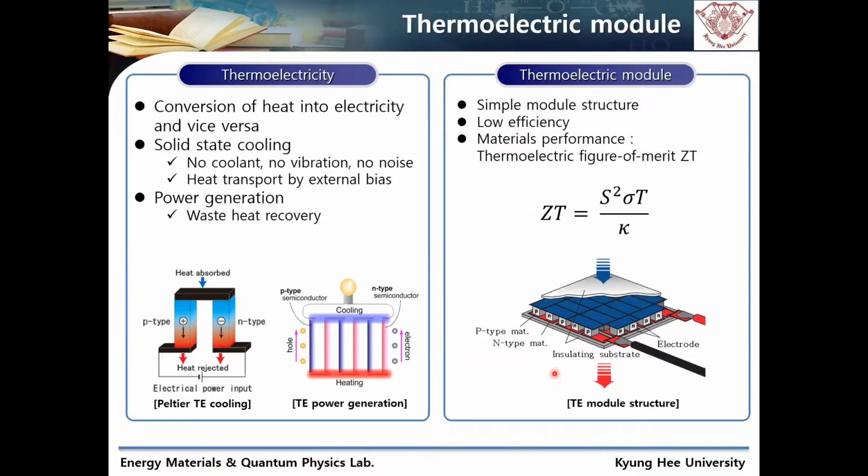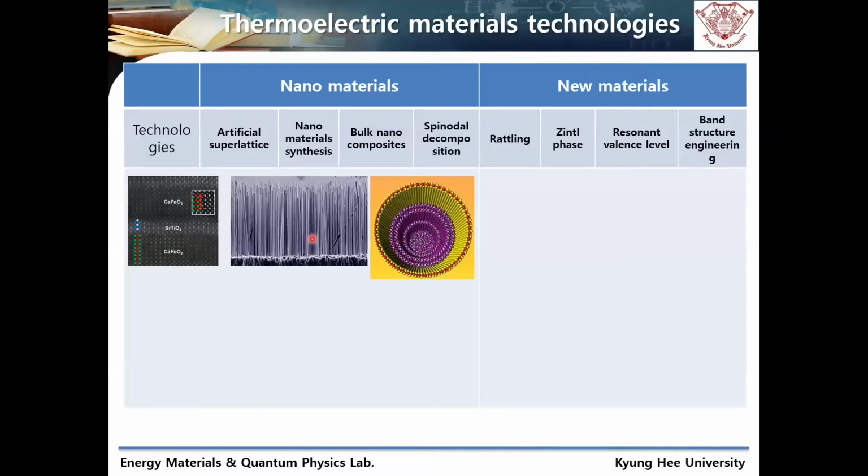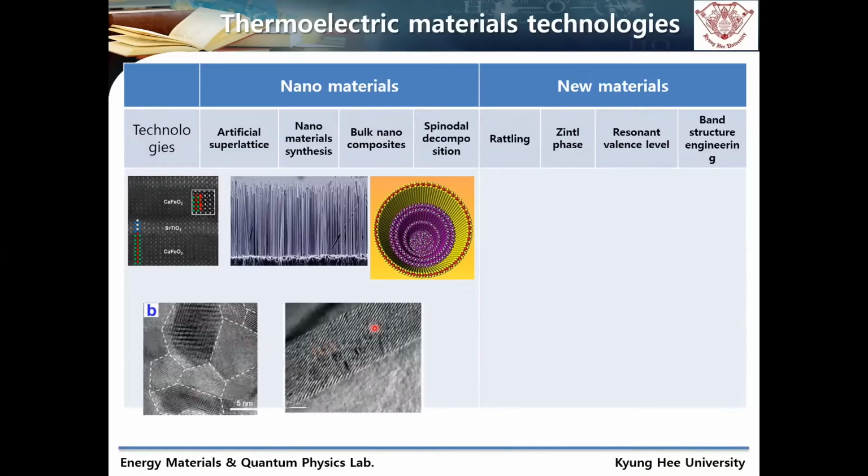It's very simple. And there are two strategies of thermoelectric materials development. One is nanomaterials, and the other one is new materials design. In the case of nanomaterials, artificial superlattices, nanowires, coherent structure nanoparticle synthesis, bulk nanocomposites, and natural phase separation such as spinodal decomposition are effective ways to reduce lattice thermal conductivity.